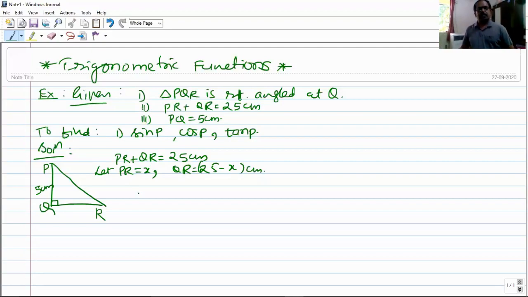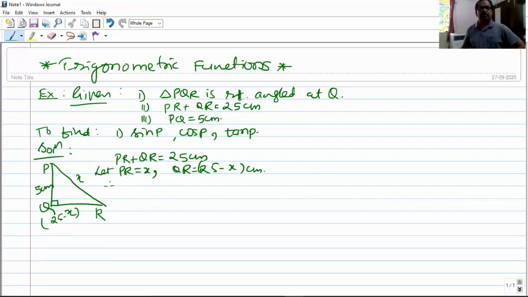So now in this triangle PQR, PQ is 5 centimeter, PR is x, so I can say QR is 25 minus x. So all the three sides are known. Are you able to find the value of x, students? Yes, we can find the value of x. So apply Pythagoras theorem to this and get the value of x from it.